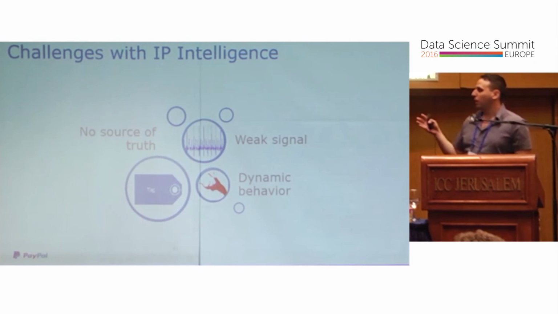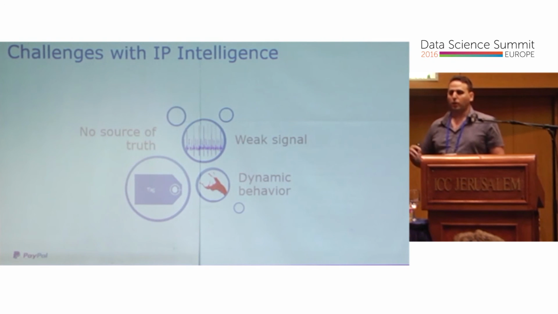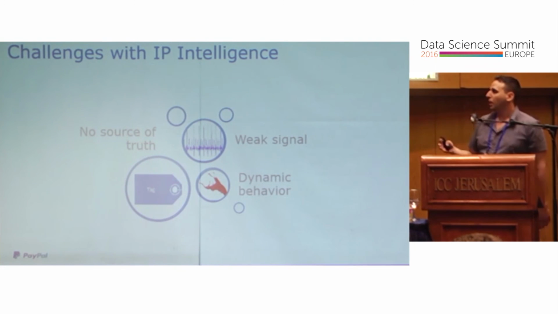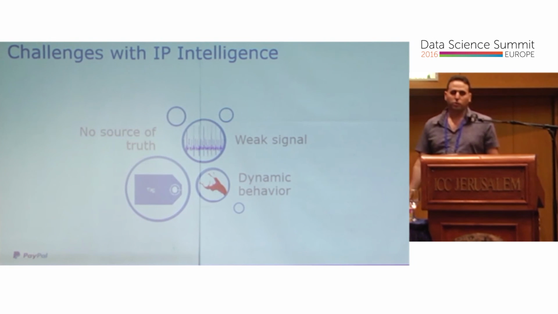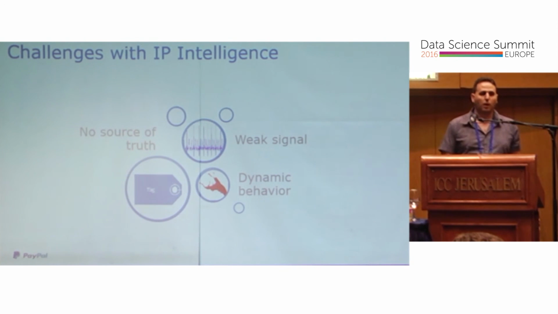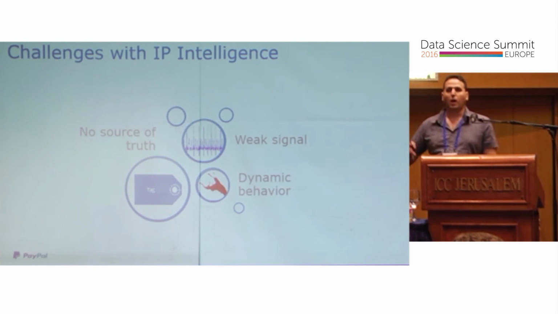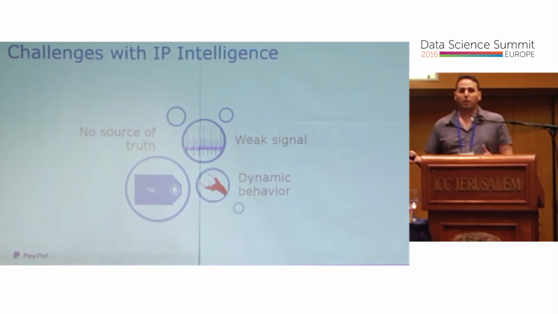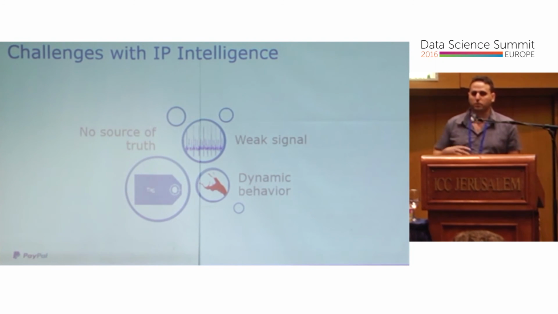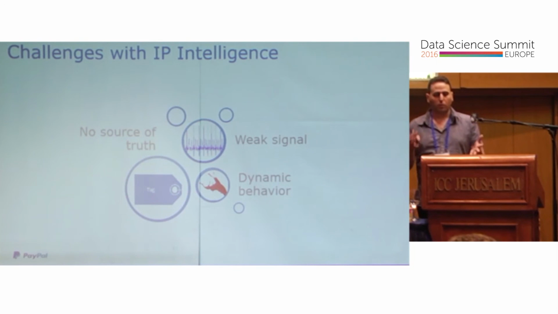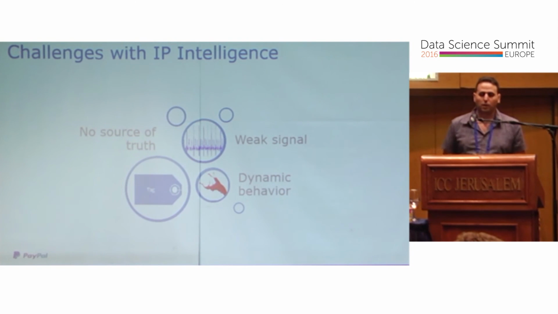However, when we want to take this approach to enrich our IP intelligence, we are facing a few major challenges. The first challenge is the question I just presented. There is no tagging. There is no source of truth. We do have RDNS data that may answer some of these questions, but not completely, and we'll see an example for that.